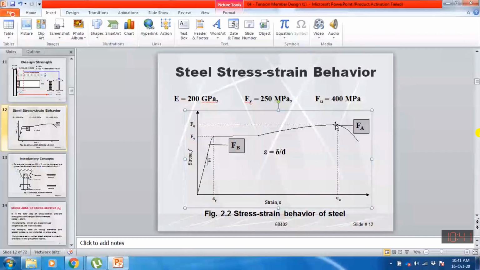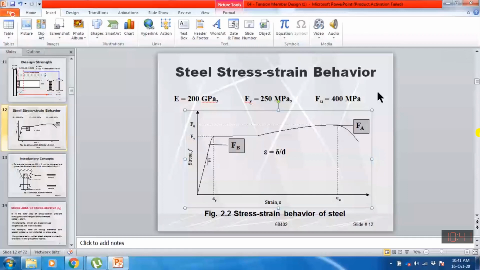So yielding will not occur at the gross area, but the stresses at the net area, the area where we have punched the hole, have exceeded the ultimate. When the stress is more than or equal to ultimate, the member will break. It will split up and tear apart into two parts. This is referred to as a rupture failure: rupture at the net area, the area where we have punched the hole.